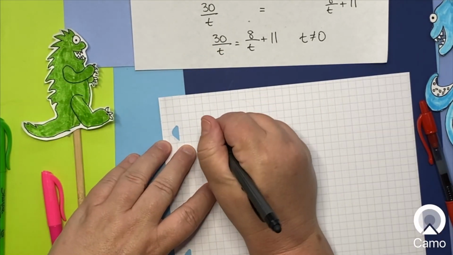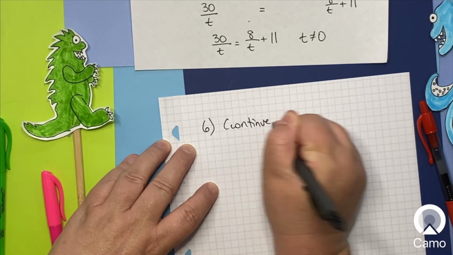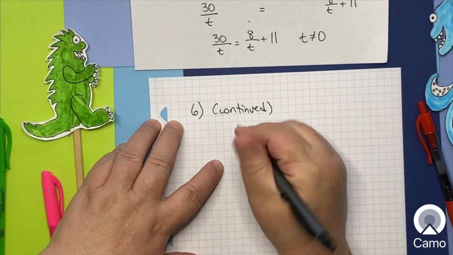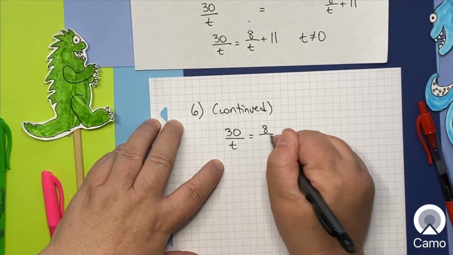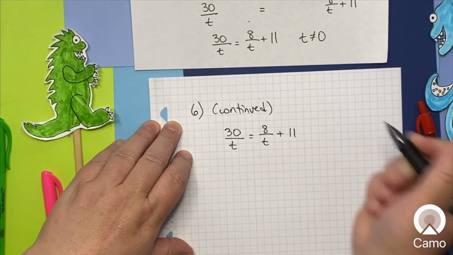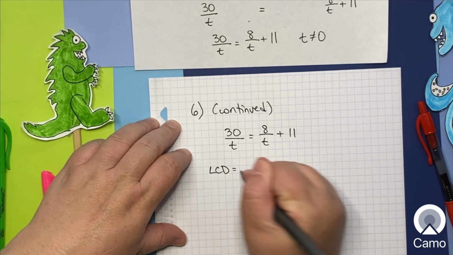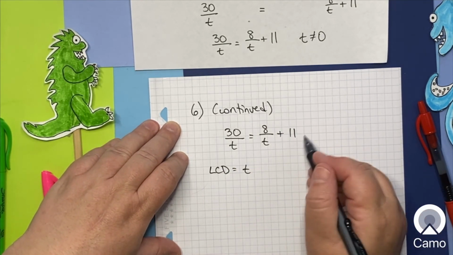So this is number 6, continued. Now, I realize there are a couple different ways to solve this. The way I know to solve it is to multiply each term by the common denominator. In this case, it's t. Keep in mind that 11 is actually 11 over 1.